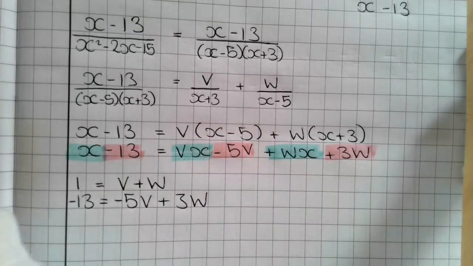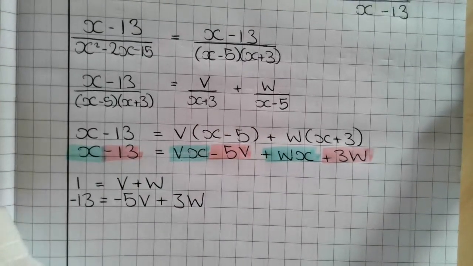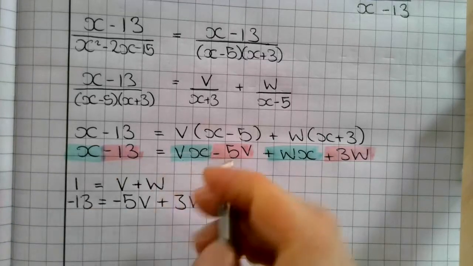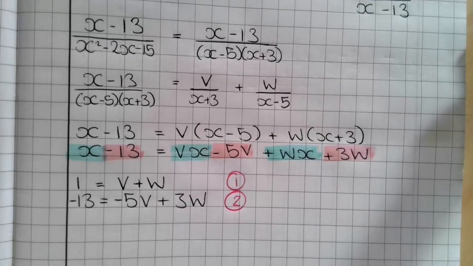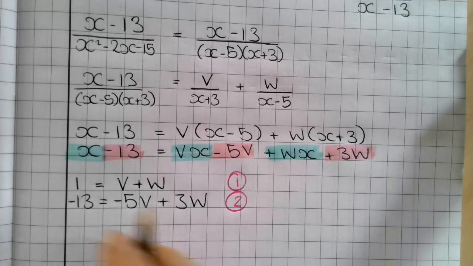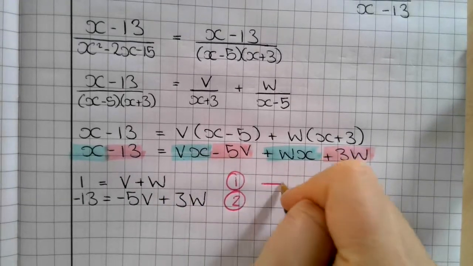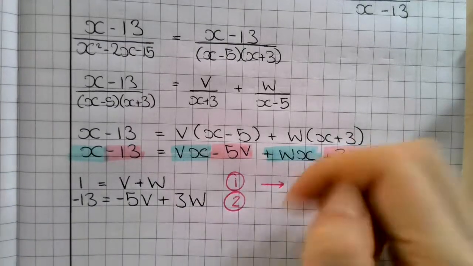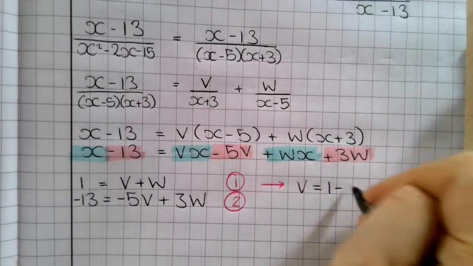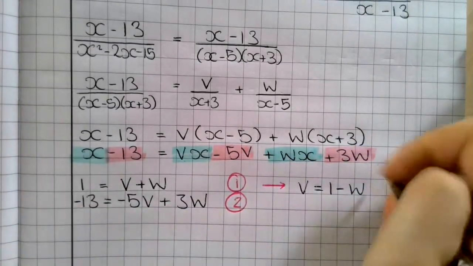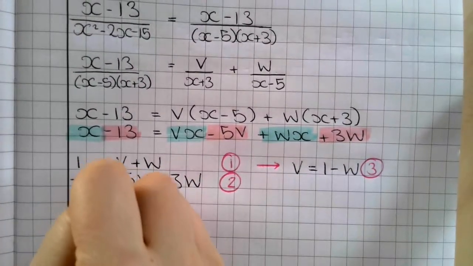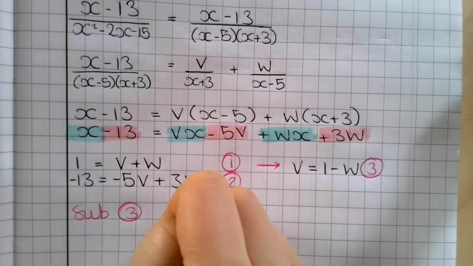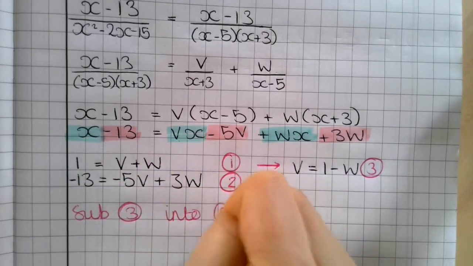So I've got two equations here. I'm going to solve these simultaneous equations. I'm going to call this equation 1, this equation 2. If I rearrange equation 1 to get v equals 1 minus w, I'm going to call that equation 3. I'm now going to sub equation 3 into equation 2.